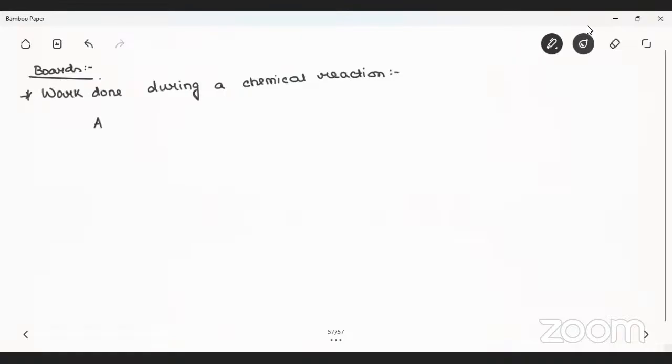Okay, so this is something I'm doing for boards. One important derivation I left off for boards. Work done during a chemical reaction. Okay, so what is this? A of gas plus B is also in the gaseous state.